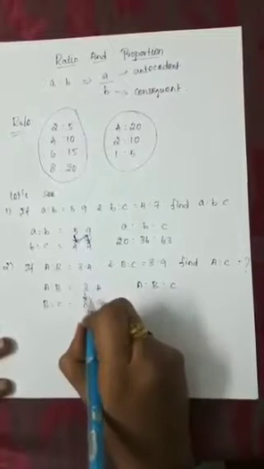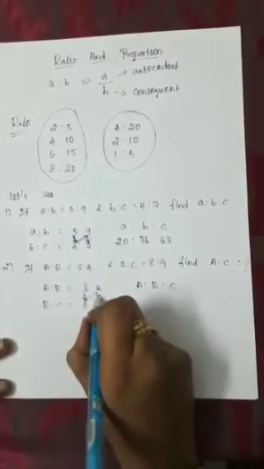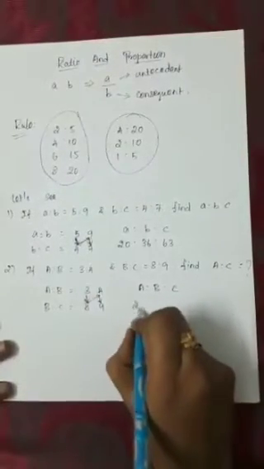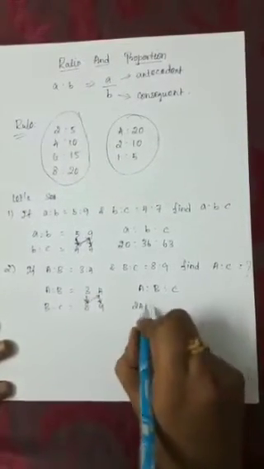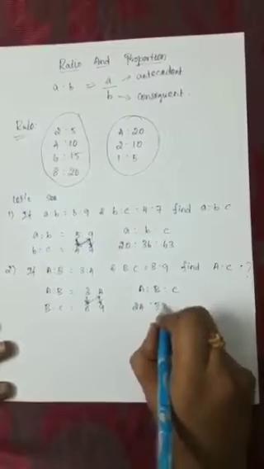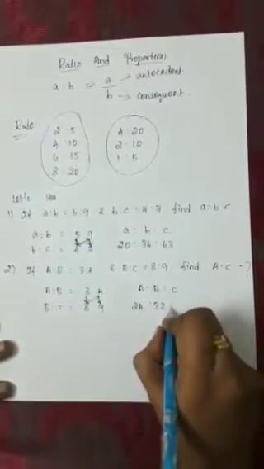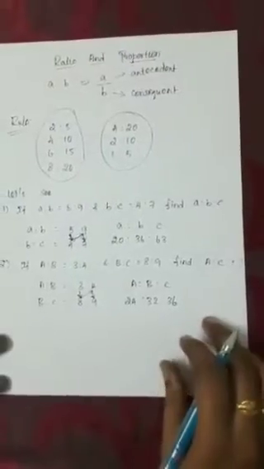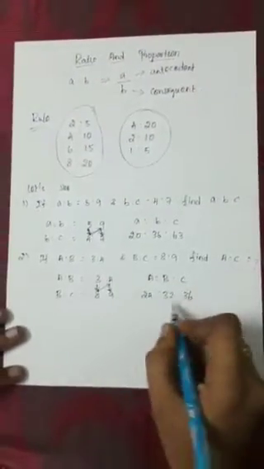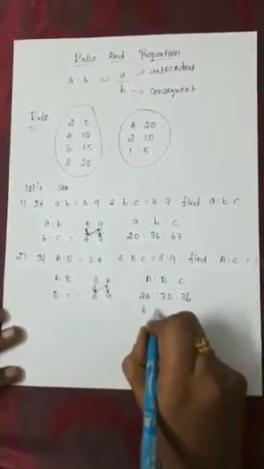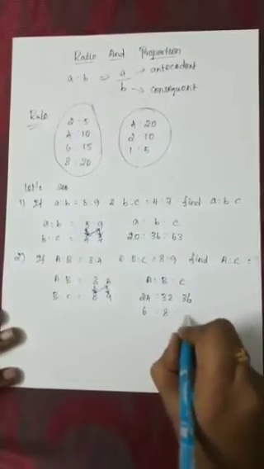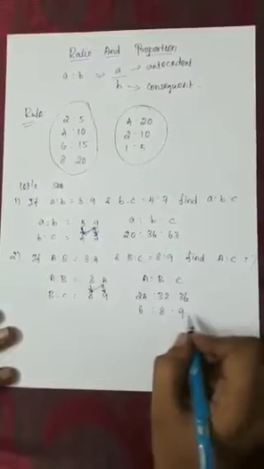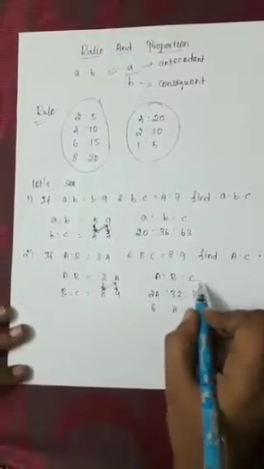So 3 into 8, 8 into 4, 4 into 9. 8 3s are 24, 8 4s are 32, and 4 9s are 36. Here the common factor is 4. So divided by 4 we get 6:8:9. This is the answer of A is to B is to C.